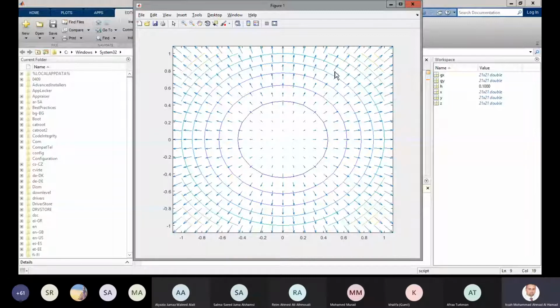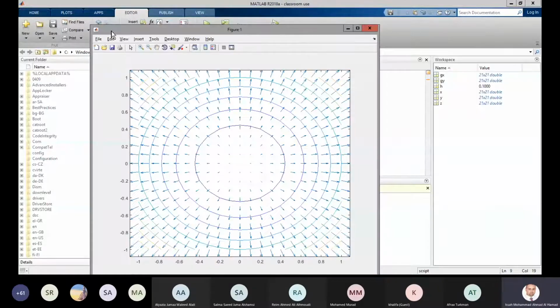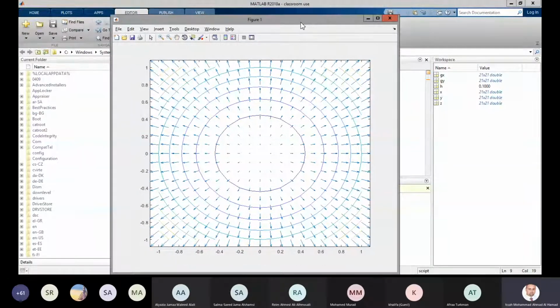The direction of the arrow is gx and gy. Go back to gx and gy. The direction is the gradient. So the direction of the arrows is the direction of x and the direction of y, so it will be in 2D. For example, this is the point. Now it goes in the x direction, it takes this direction, and the y direction raises it up a little bit, so it will be in this direction. Clear?